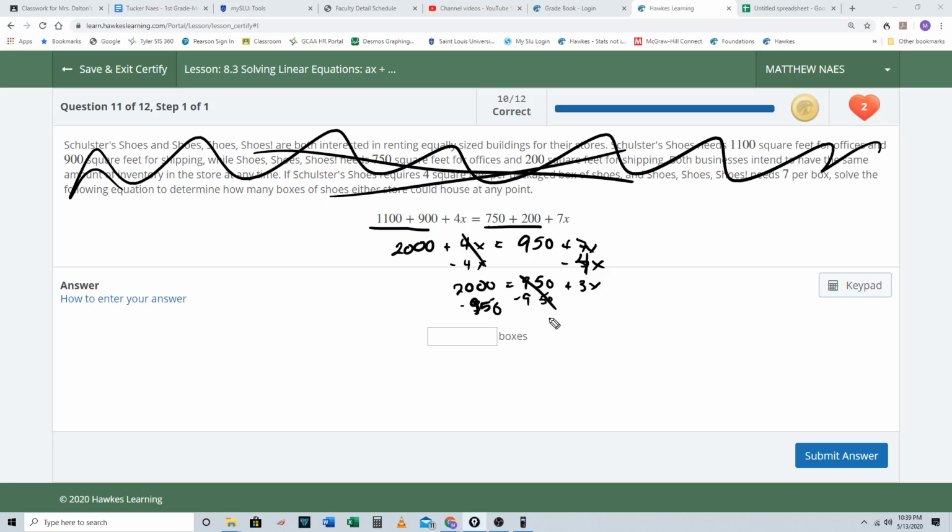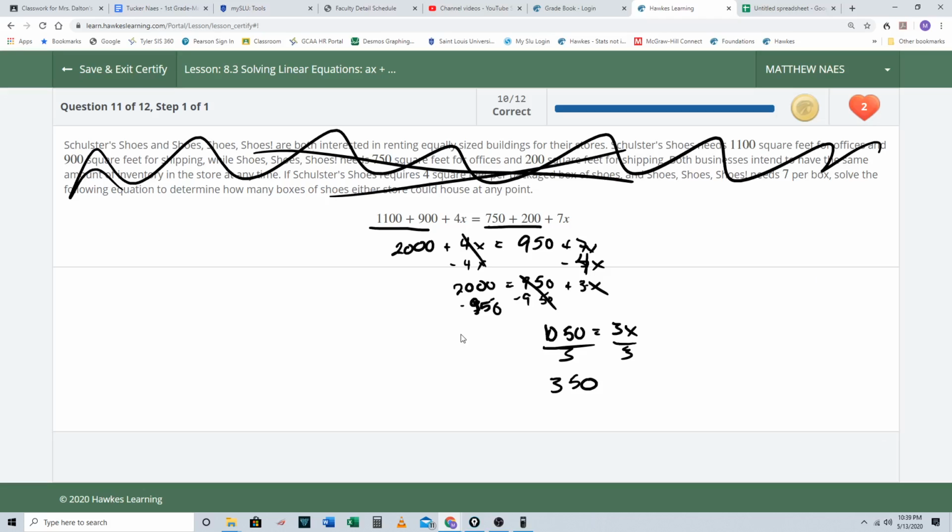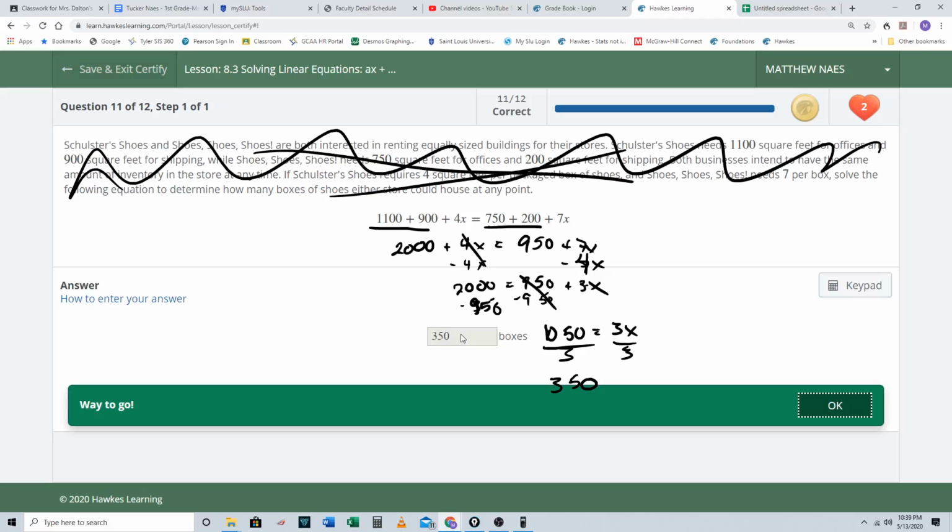That gives you 1050 equal to 3x. Divide by 3. We get 350 boxes. Yep, there we go.